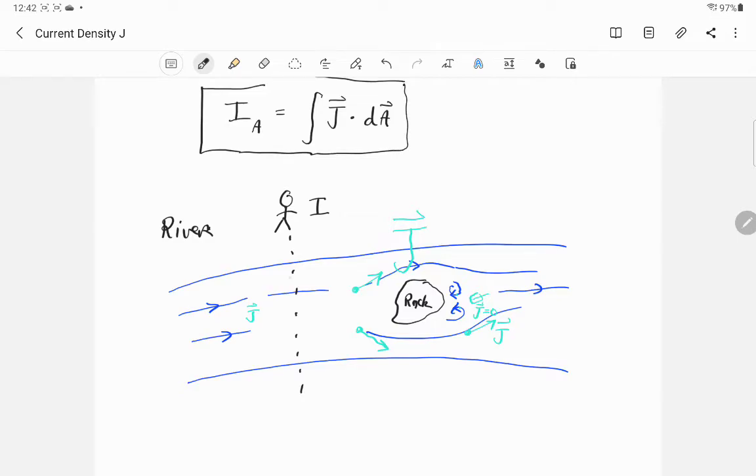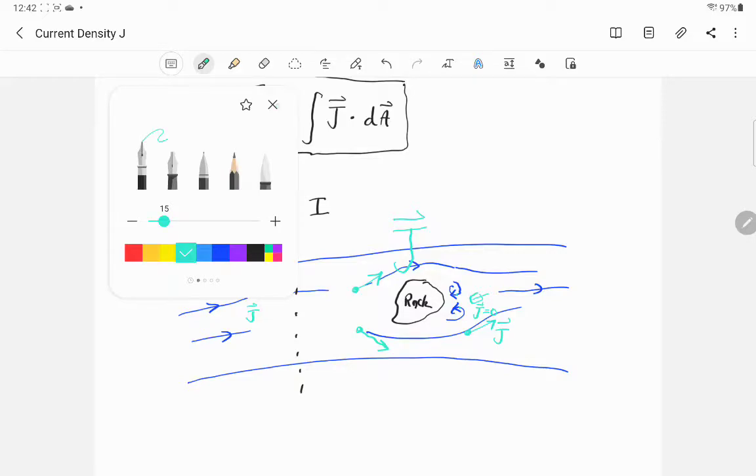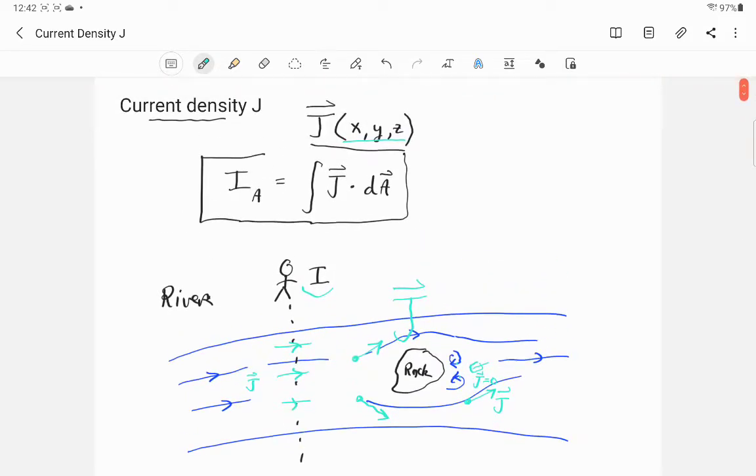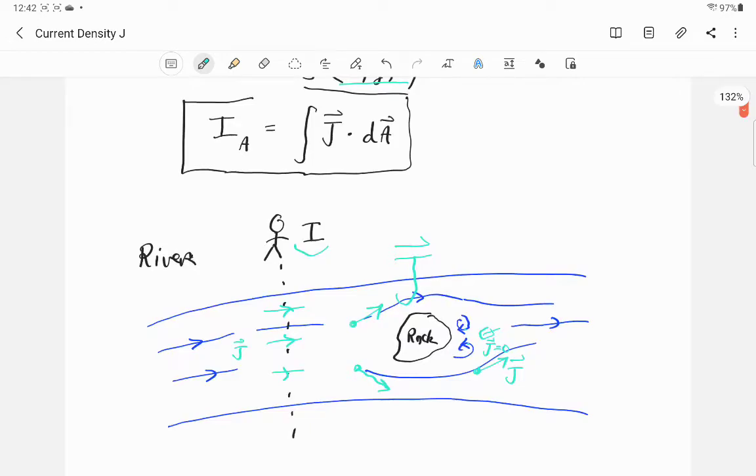They're going to imagine that flowing across the boundary that they pay attention to, the current density J is piercing this cross-sectional area, adding up a total current across that area. Okay, so this is the idea of the current density J.